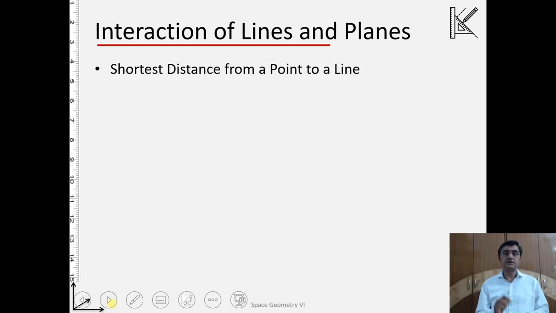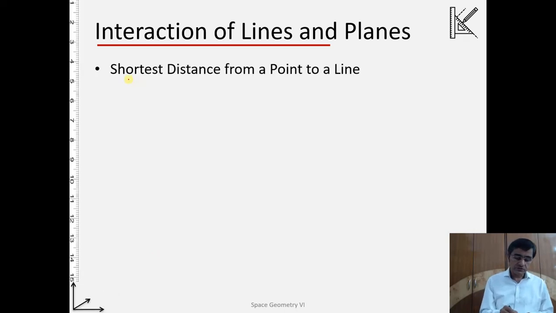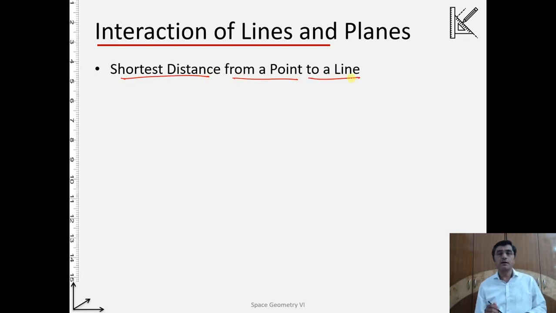Let us see one more case, and this is now about the shortest distance from a point to a line. The meaning of this is, if I have a line here and a point, what is the shortest distance? In the orthographic projections, say in the frontal and the horizontal, I am given the projections of a line and also a point.